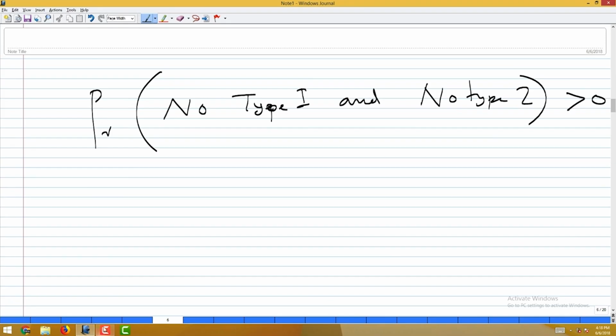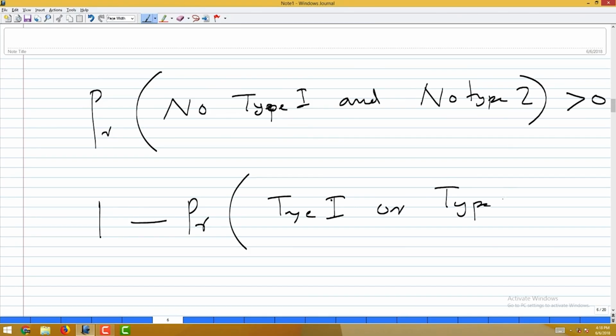This is 1 minus the probability of type 1 or type 2 happens, because either this or this happens, it is a complement of that.